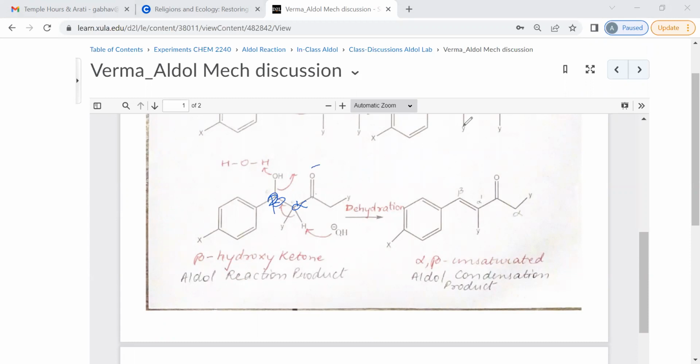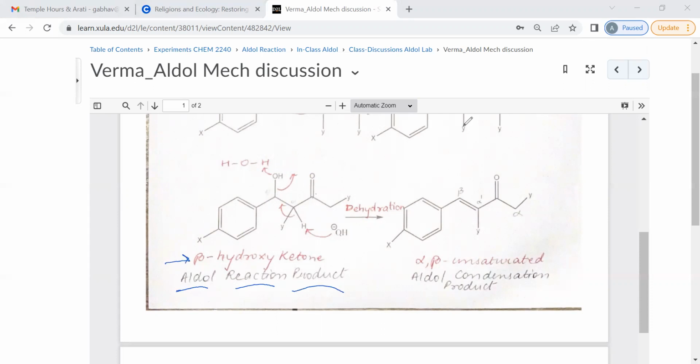So on the beta side of this carbonyl, we have a hydroxy group. Because both of these sides are substituted or have an alkyl group, we know it as a ketone. So when you have an aldol reaction product, it will be a beta hydroxy ketone.